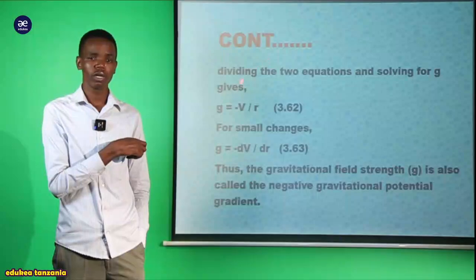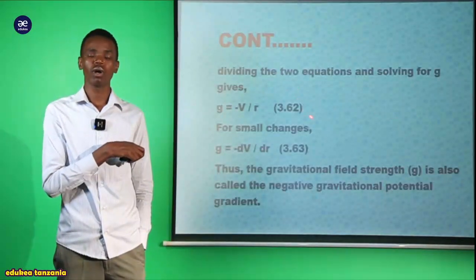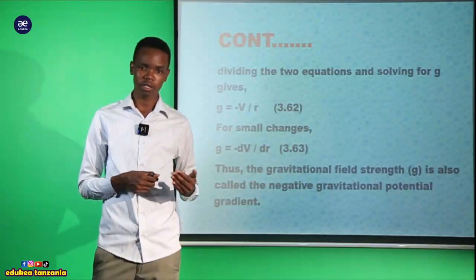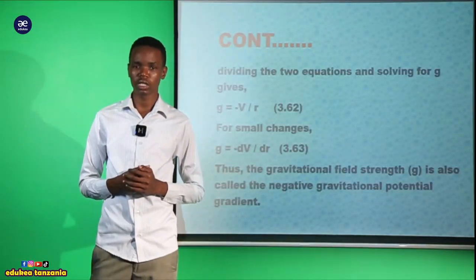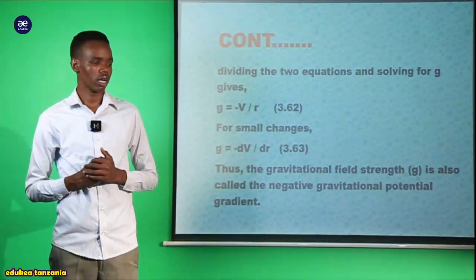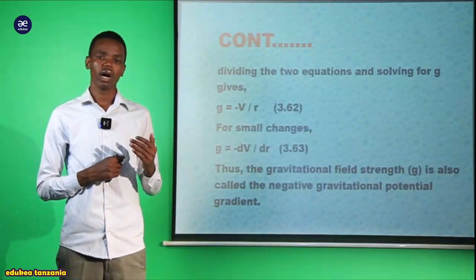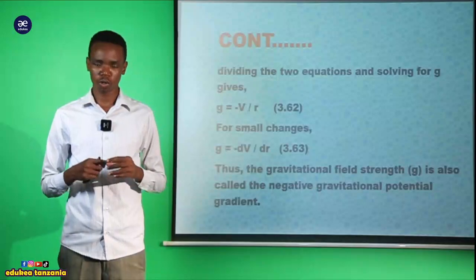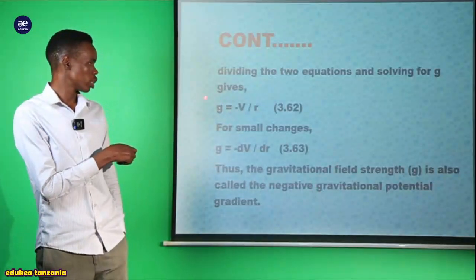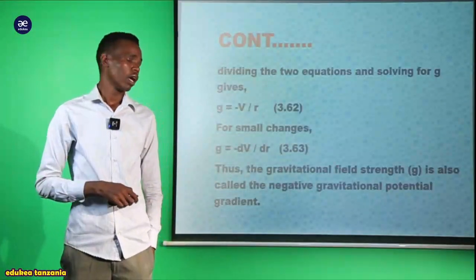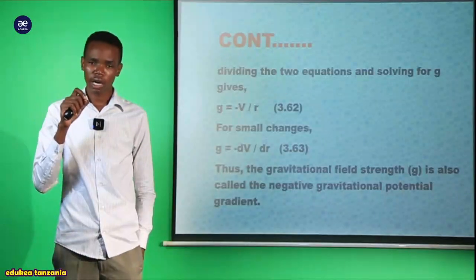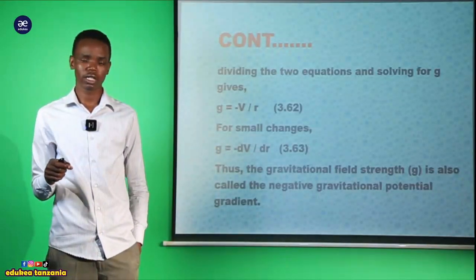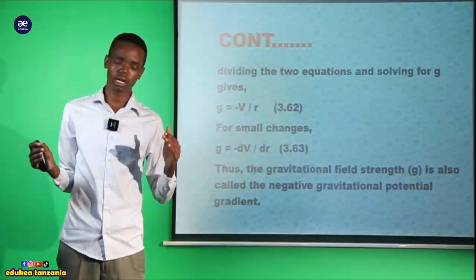So this will be our formula. It is the formula that gives us the relationship between the gravitational field strength and the gravitational potential. So g represents the gravitational field strength, V represents the gravitational potential, and R represents the distance between the two masses.